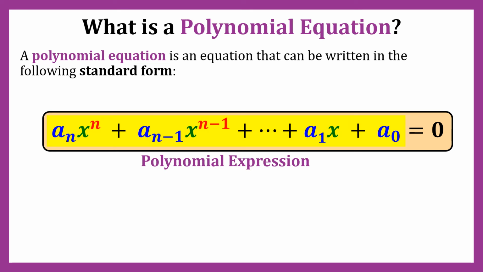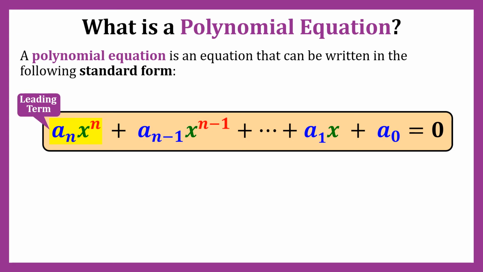Again, this expression can be one or more terms. The first term is called the leading term, and the exponent for this term represents the degree of the polynomial. Note, the leading term is a term with the largest power. The last term, labeled a sub 0, represents the constant term of the polynomial.